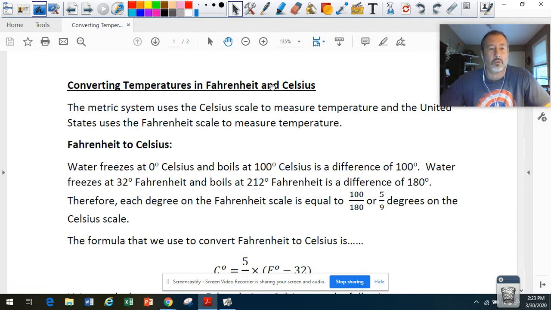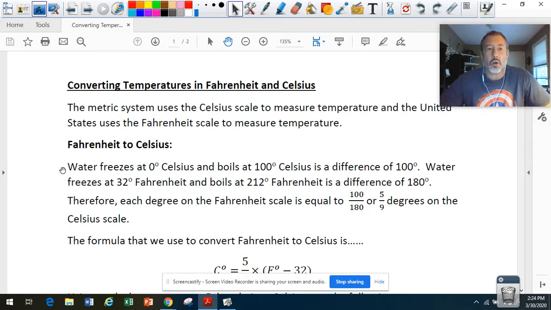So if we take a look here, it says water freezes at 0 degrees Celsius and boils at 100 degrees Celsius. And this has a difference of 100 degrees. So 100 minus 0 is 100, okay? Now let's talk about Fahrenheit. It says water freezes at 32 degrees Fahrenheit and boils at 212 degrees Fahrenheit, which is a difference of 180 degrees.